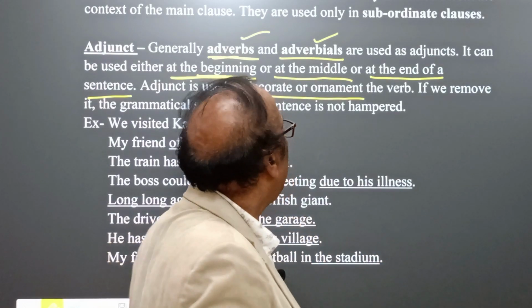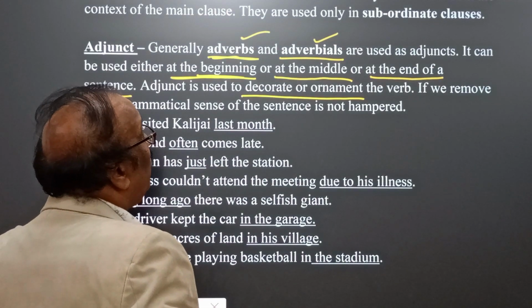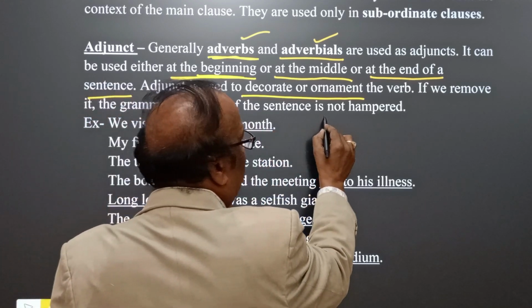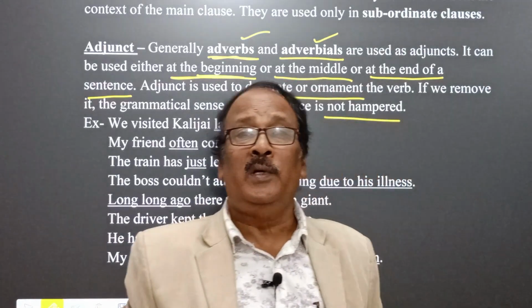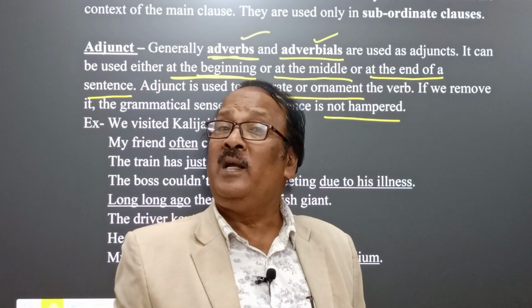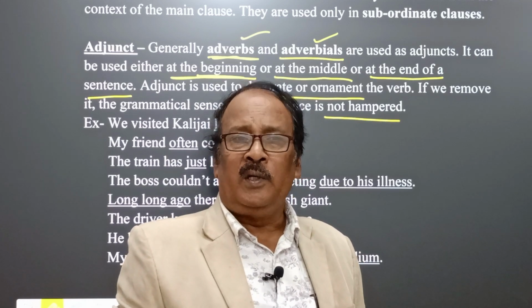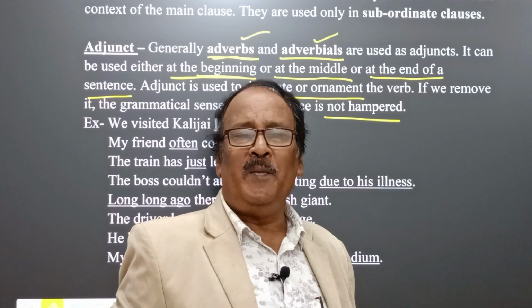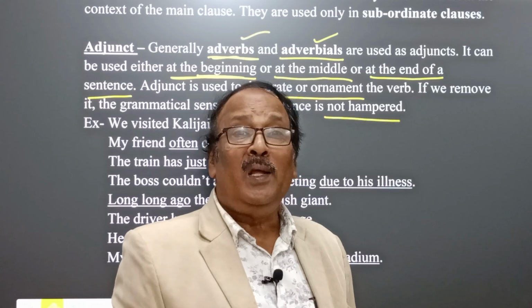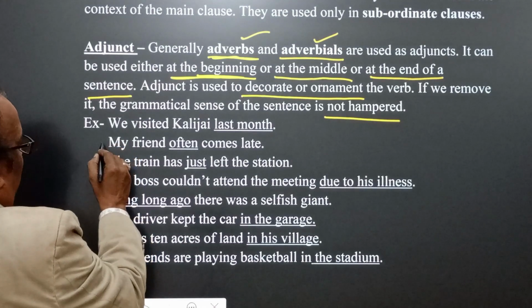If we remove it, the grammaticality of the sentence is not hampered. It means, as yesterday we have discussed, if we remove a complement, the grammatical structure of the sentence will be disturbed. But if we remove an adjunct, then the grammatical structure will not be disturbed.